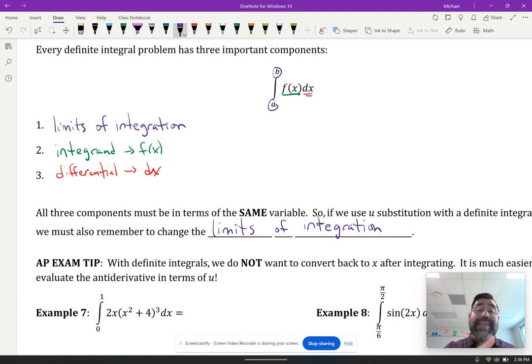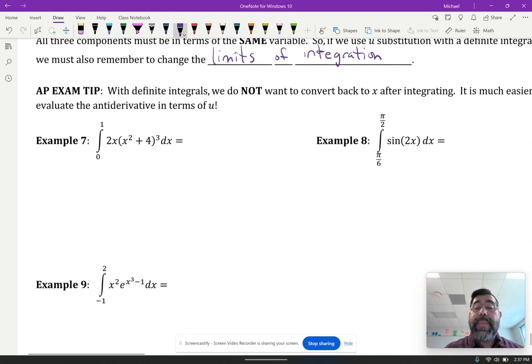However, the nice thing is I'm not going to have to go back into the world of x's. Once I change everything, then I can continue in the world of u variables and not have to go back to the world of x variables. That's what Brian is reminding us here. With definite integrals, we do not want to convert back to x after integrating.